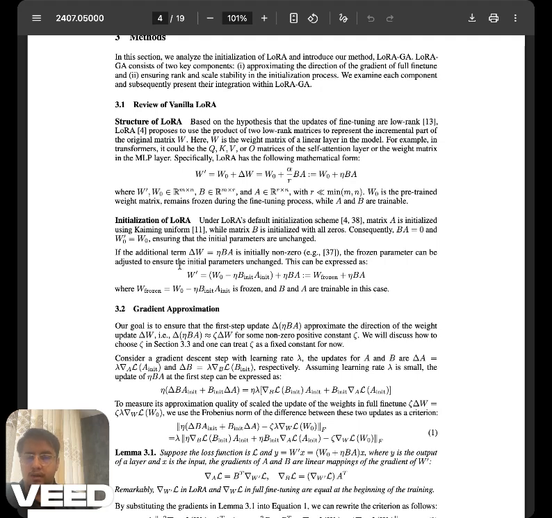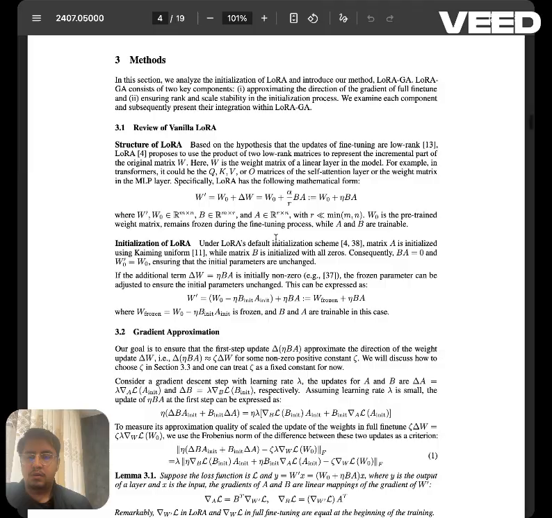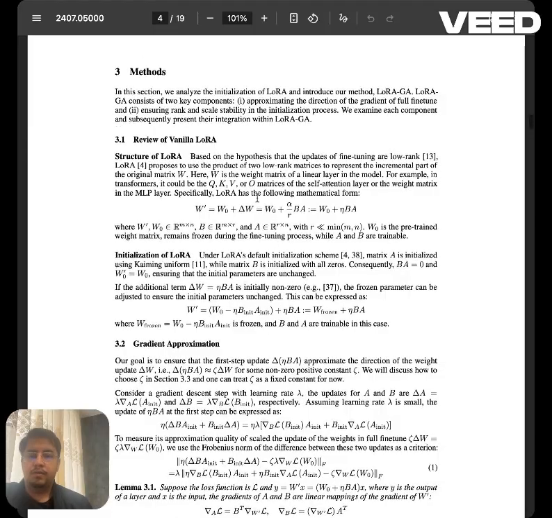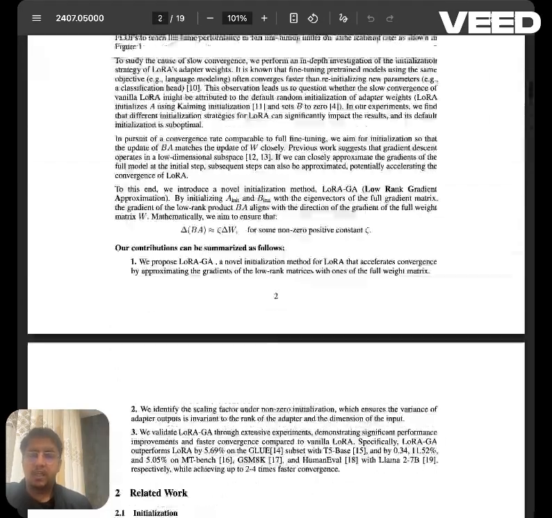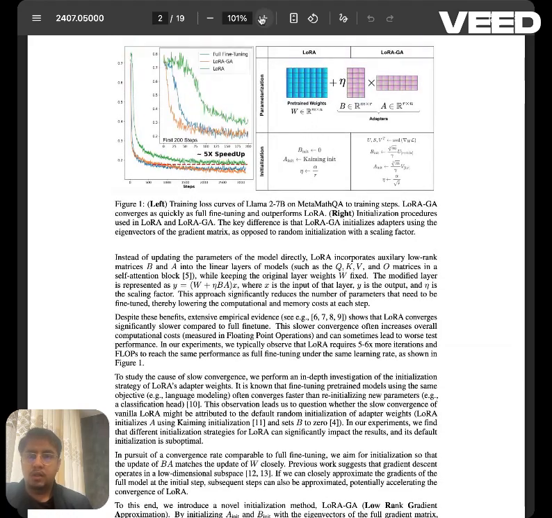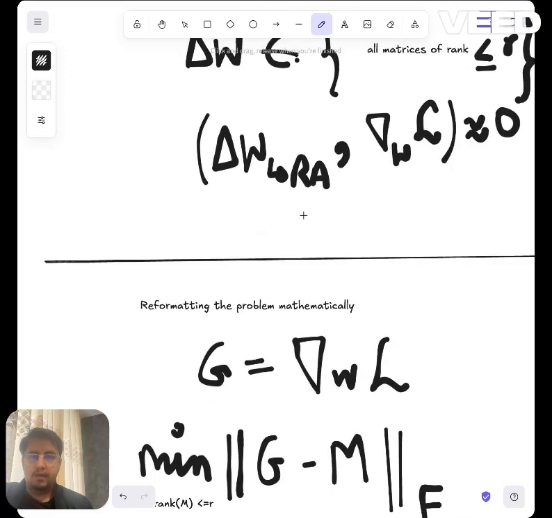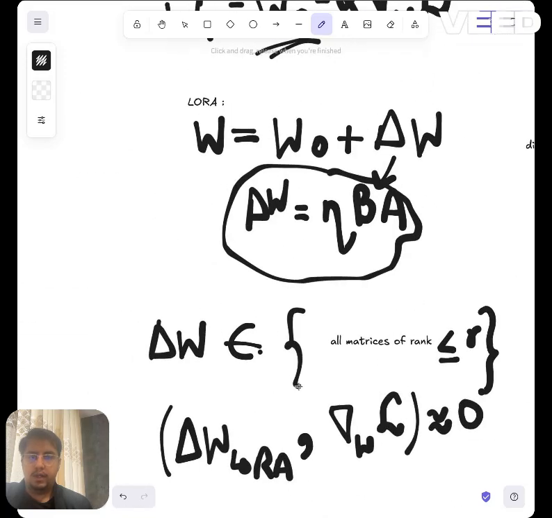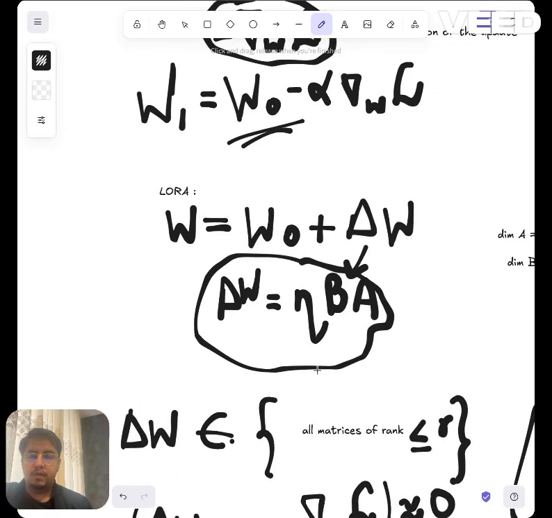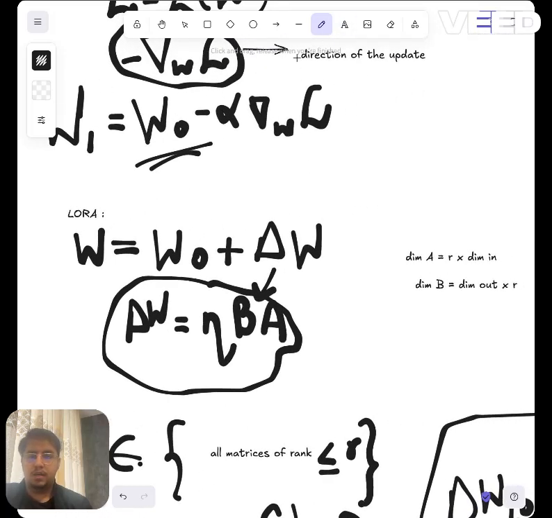We would want W dash to be equal to W naught, and this term to be zero in the very starting. So since for vanilla LoRa, B is initialized to zero, evidently for vanilla LoRa, the very first weight update, W is equal to W naught plus eta times 0 times something else. So this term becomes 0 for vanilla LoRa in the first iteration.